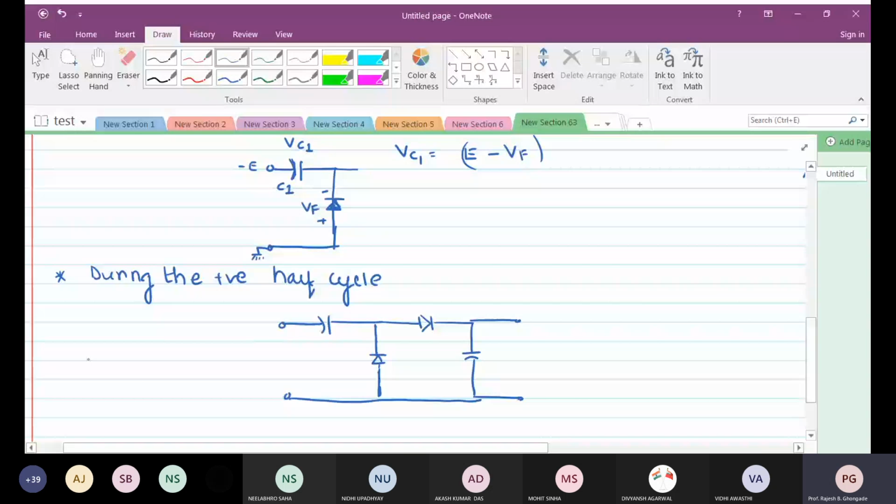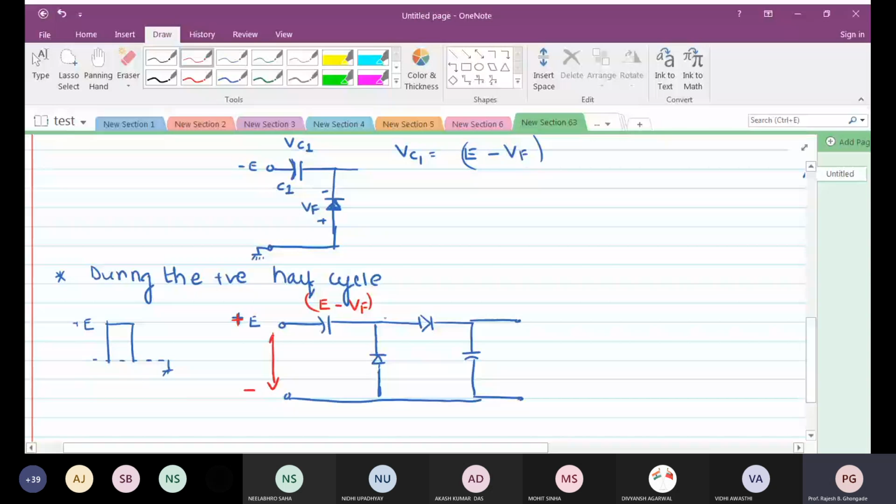Now, during the positive half cycle, I'm applying plus E. What is the voltage across the capacitor? It is already E minus Vf. Now I'm applying plus or minus E at the input.